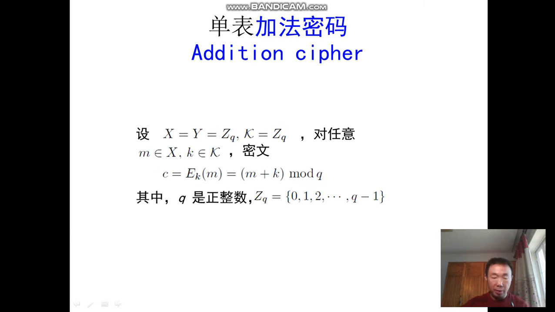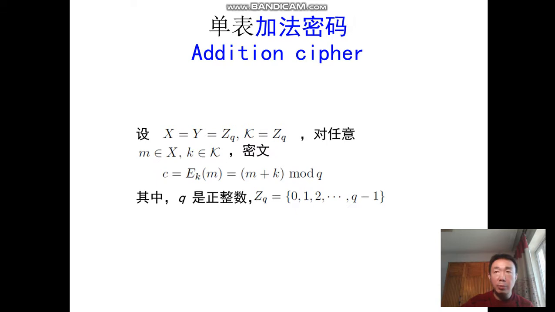Okay, let's introduce single table basic operations. The first one and the simplest one is the addition cipher. In this part, we use English alphabet letters as symbols.